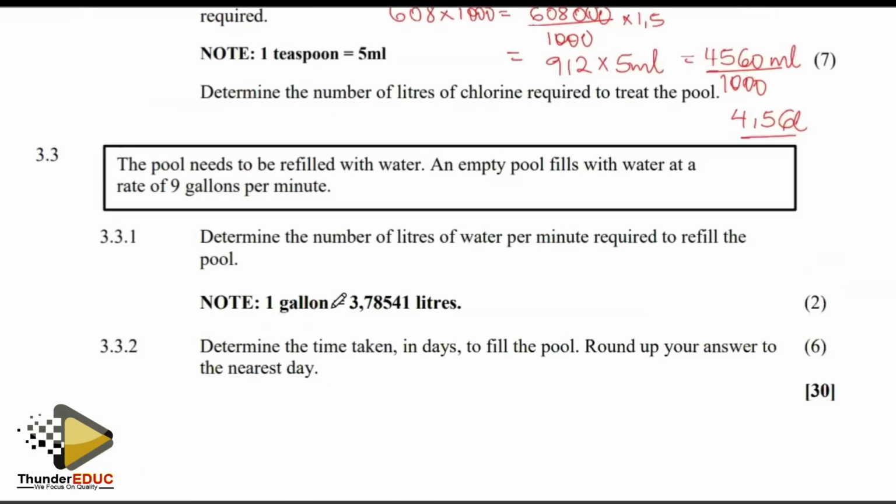All right, we go to the other question. Determine the number of liters of water per minute required to fill the pool. Now remember, they have told you that it takes 9 gallons per minute. So in 1 minute, it has taken 9 gallons.